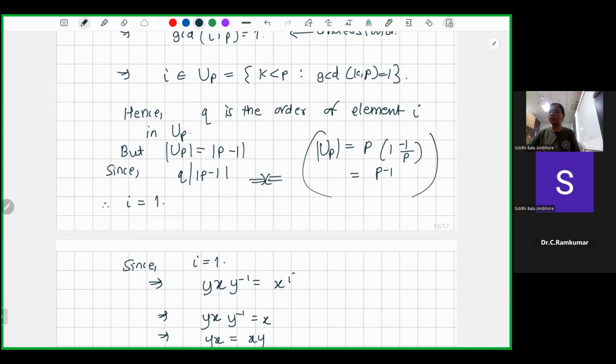Let me just write this theorem, which might be useful for you in your assignment. Let me write the statement only, not the proof and other things.